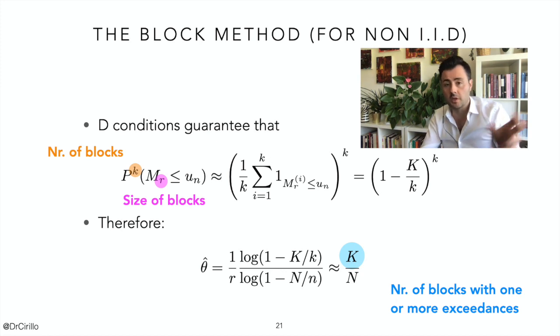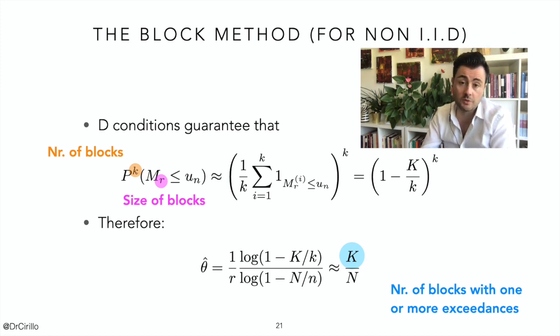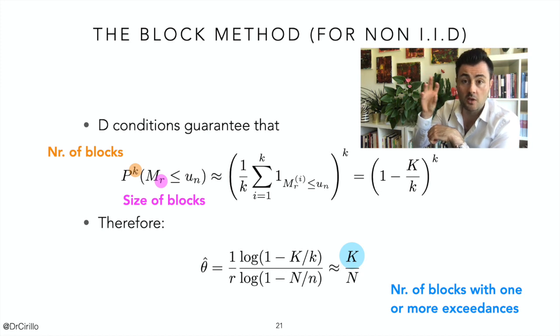Only apparently, because the derivation is not at all trivial, but in any case, from a practical point of view, an apparently simple quantity, which is the quantity capital K over capital N, where capital N is the total number of exceedances in our time series, and where capital K is what? It represents the number of blocks with at least one exceedance.